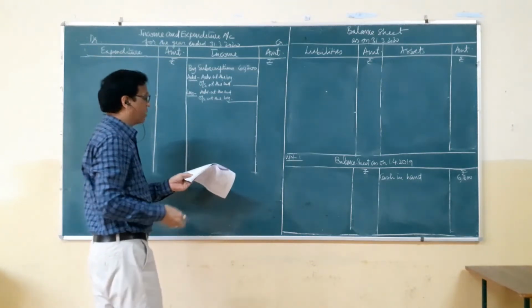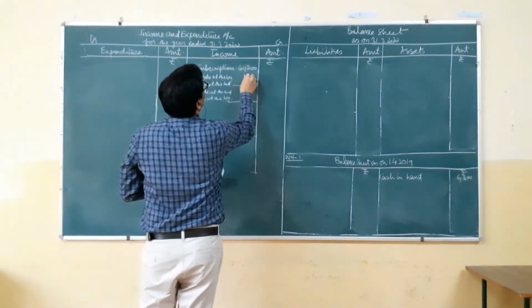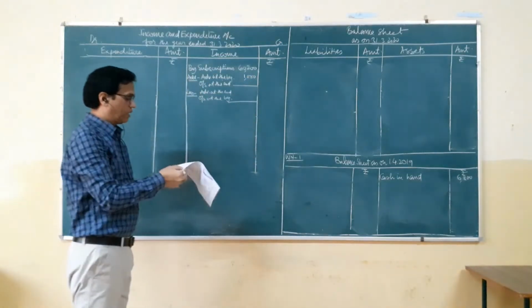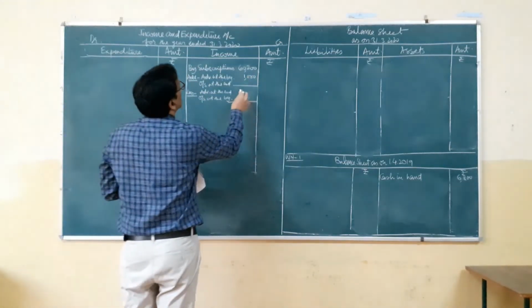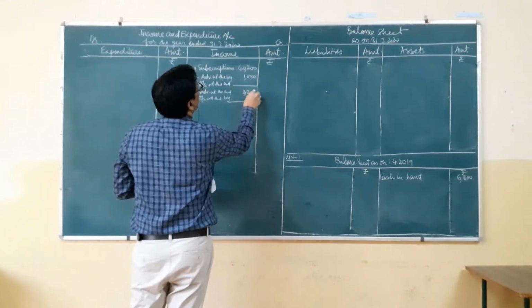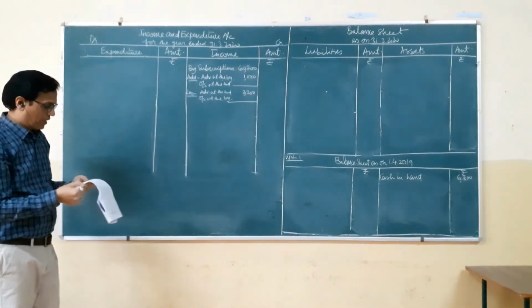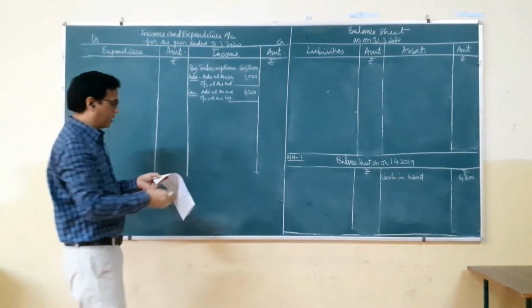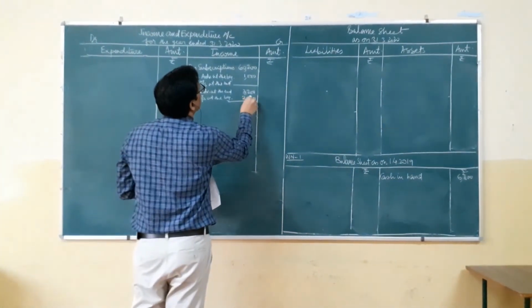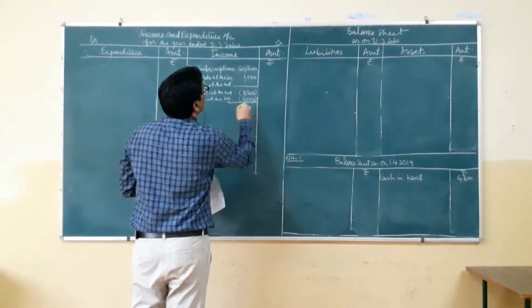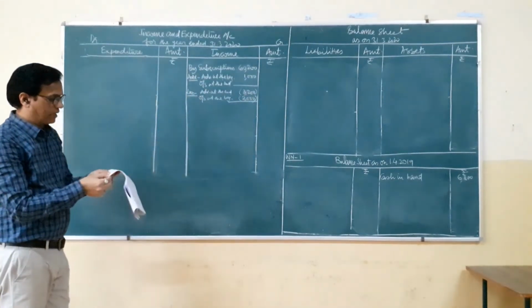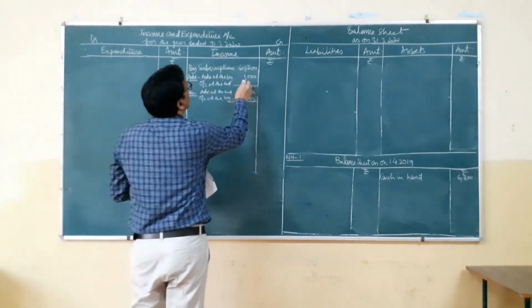Subscription received in advance at the beginning is 1,000, we plus it. Then 3,200 at the end, we subtract it. So write down the item against their name, amount against their names. Then outstanding subscription at the beginning 2,000, we subtract it. What we subtract should be put into bracket. And 3,700 at the end we will plus.